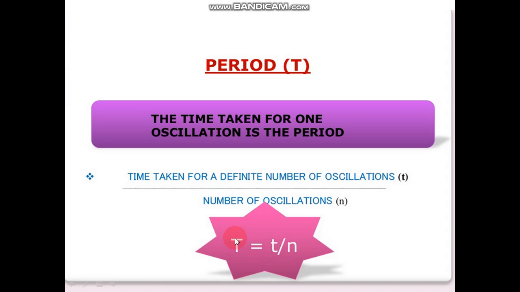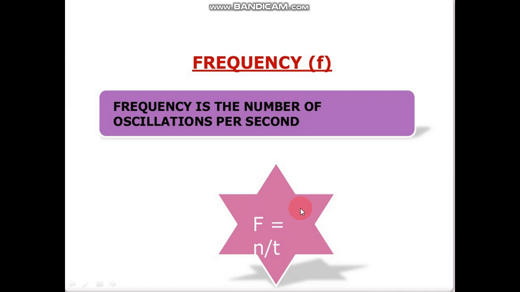Here capital T is the period, small t is the time taken for a definite number of oscillations, and n is the number of oscillations.